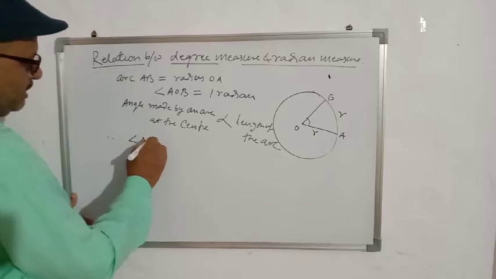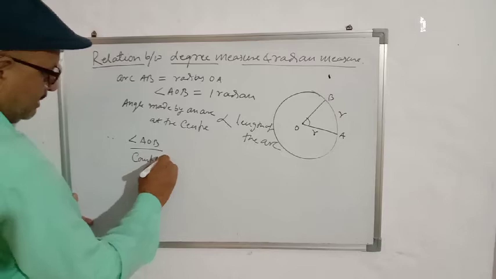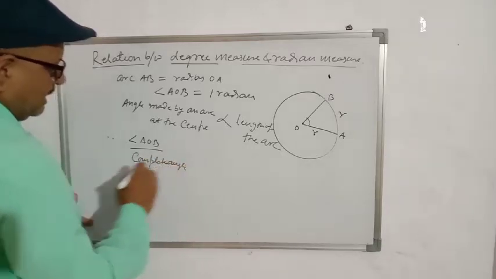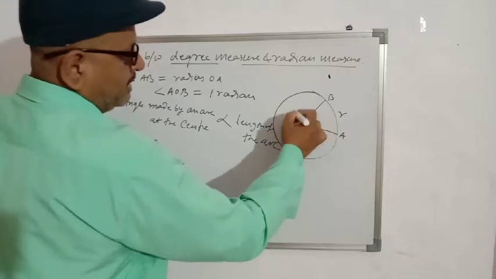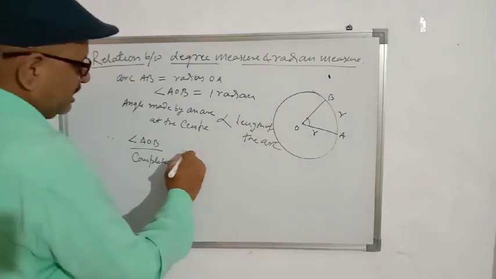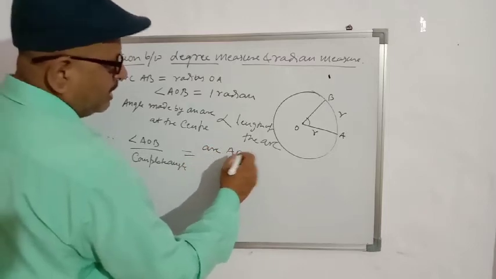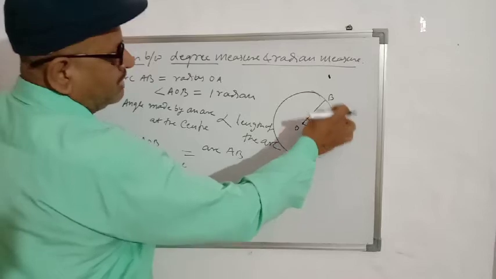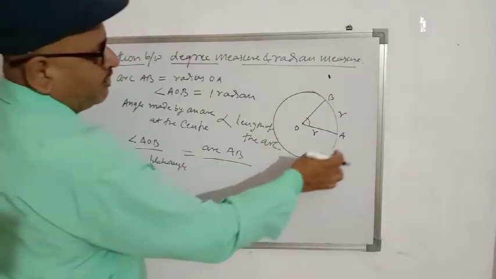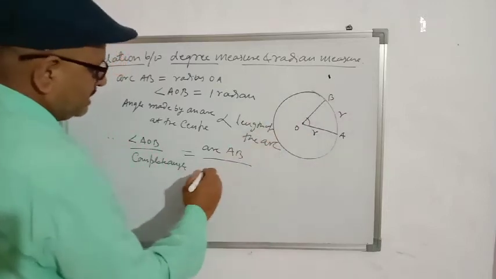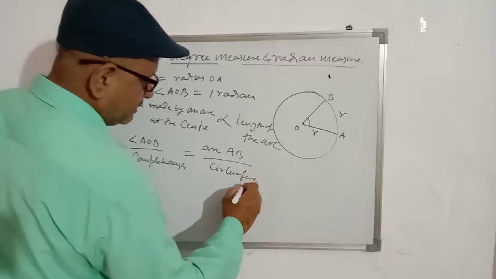So therefore we can write angle AOB upon complete angle. Angle AOB, this angle, upon whole the angle. Whole angle means this complete angle, 360 degree, is equal to arc AB upon circumference. AOB is formed by the arc AB, and complete angle will be formed by whole the circumference of the circle.